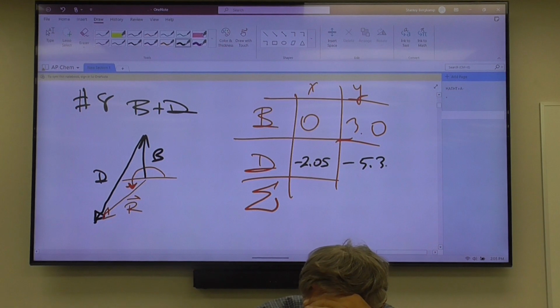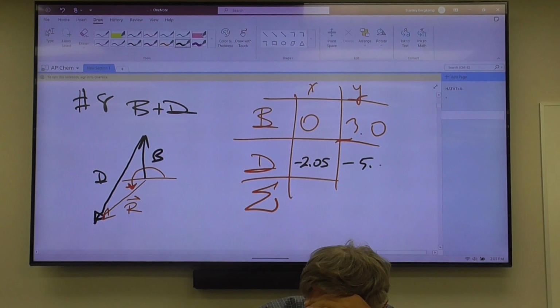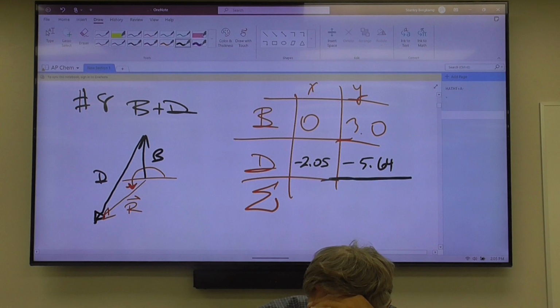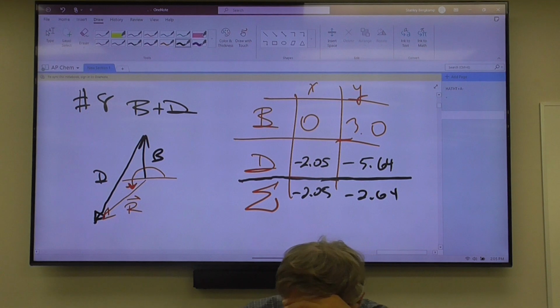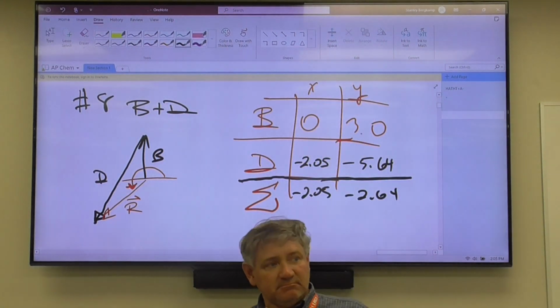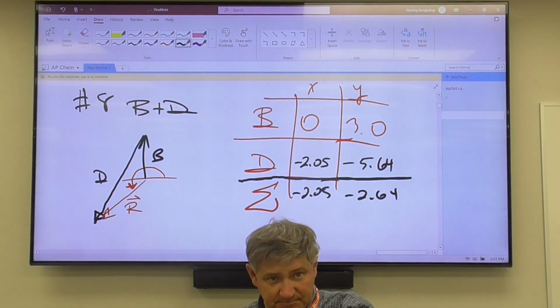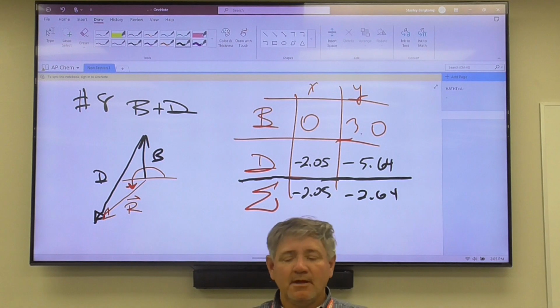Negative 5.64. If you don't have to include units, it's fine, because I know these are all centimeters. So you get a negative 2.05 and then negative 5.64. You're just going to add these together. All you're going to do is just add the columns.